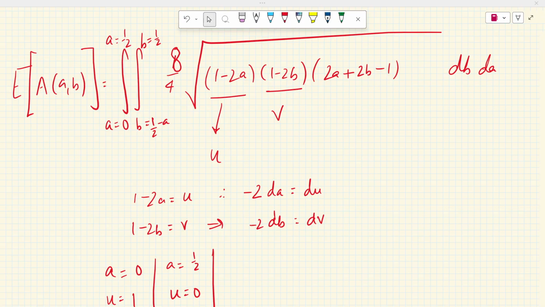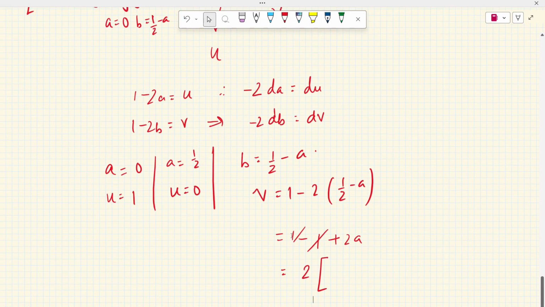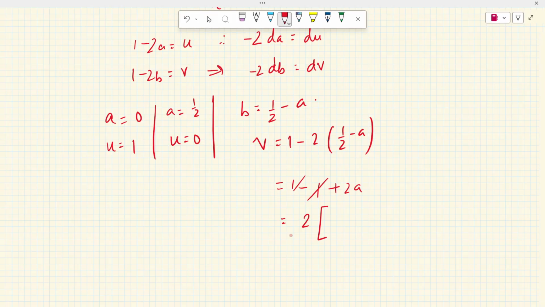Next for the limits of b, when b is 1/2 minus a, then v is 1 minus 2 times this expression, plus 2a for this. And what is a? a is just 1 minus u by 2. So therefore v is equal to 1 minus u.